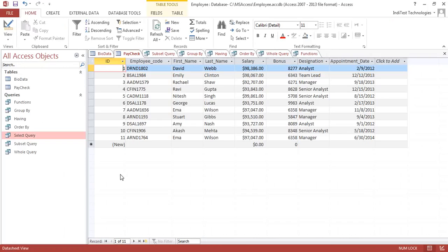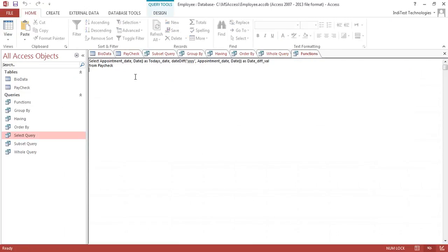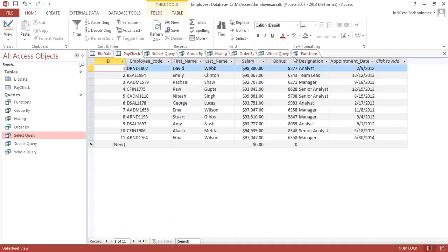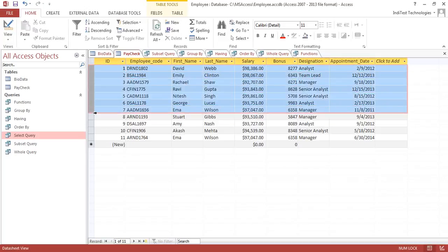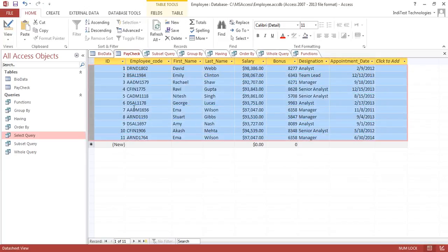So putting it in practice, I have created a select query to show you how the DateDiff function works, and I'm applying it on the paycheck table. My intention is that I want to know how much time in years has passed that the individuals listed in my data set have been in my company.